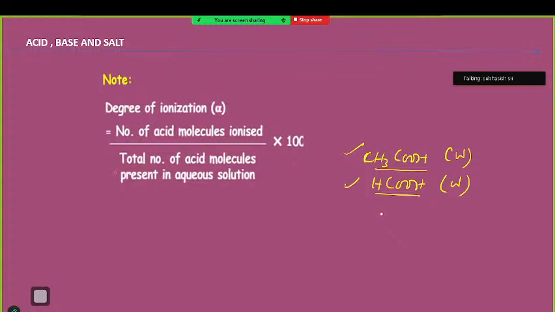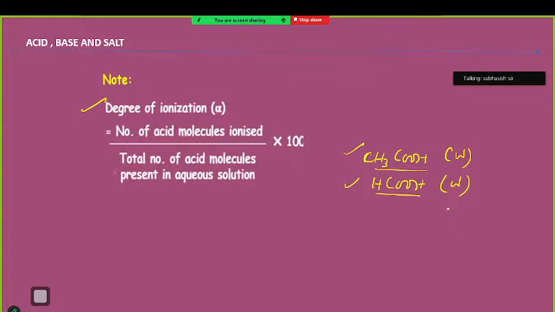That is only because you have only two categories. One is totally dissociated, that is 100% dissociated, and another is less than 100% dissociated. So one is strong and another one is weak. But here we have a different quantity, the degree of ionization, that is alpha. The degree of ionization gives us an idea of which of the different weak acids is weakest and which is weaker.